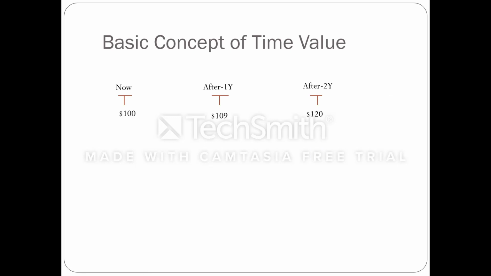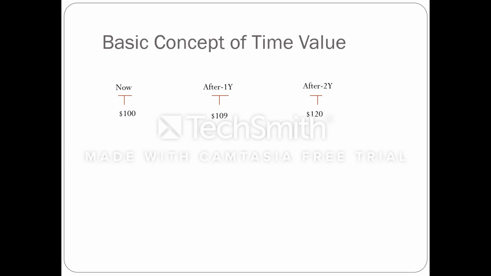I'm giving you three alternatives and you have to choose only one of them. One is, do you want to get $100 today, or $109 after 1 year, or $120 after 2 years? And say there is a guaranteed interest rate of 10%. If you get $100 today, there is a risk-free interest of 10%, which you will for sure get.